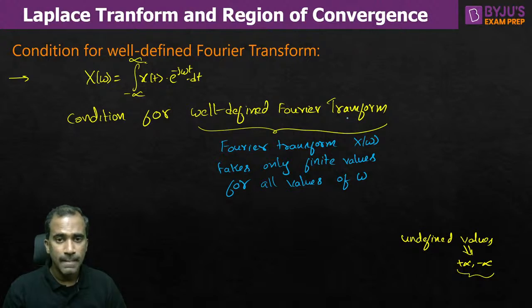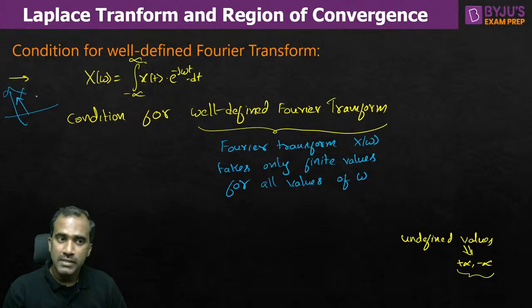Is that okay? Now I have explained what a well-defined Fourier transform is. If you plot this function, it should not take infinite kinds of values, like an impulse. If an impulse is there, the impulse height is infinity. That kind of impulse should not exist.